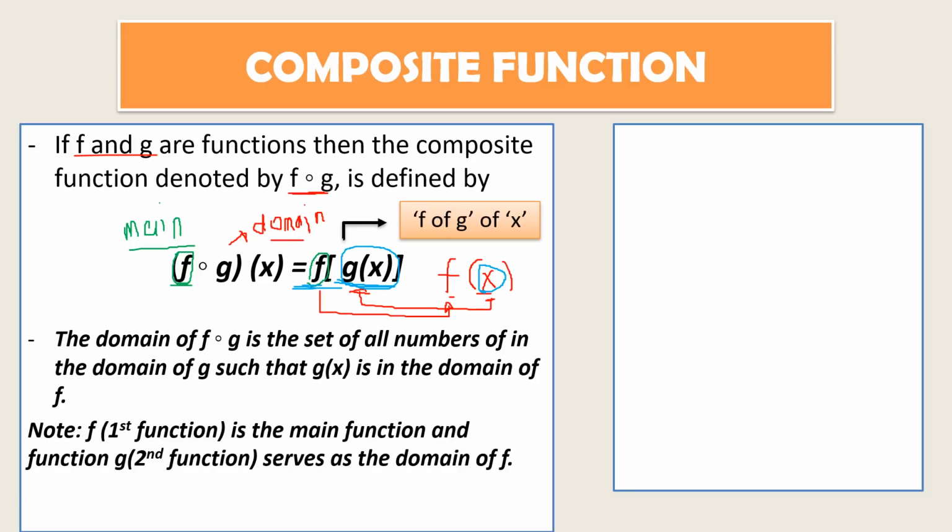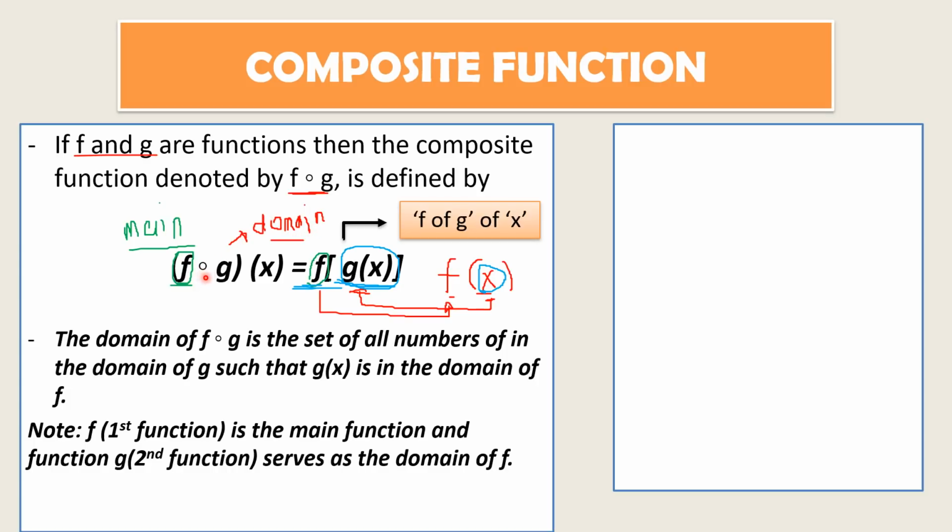Ulitin ko lang dito ha, that the composition of two functions f and g, f is the main function, then g is the domain of the main function.